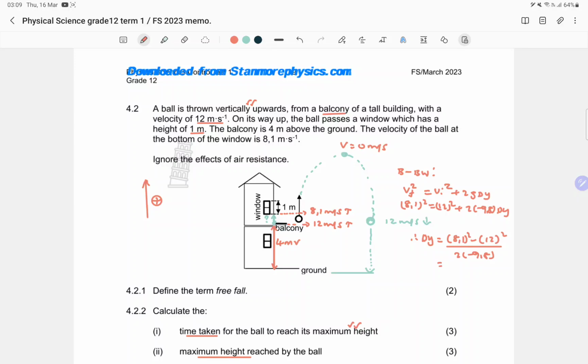So we've got 8.1 squared minus 12 squared, divided by 2 into minus 9.8. So I'm getting 4.0 meters.